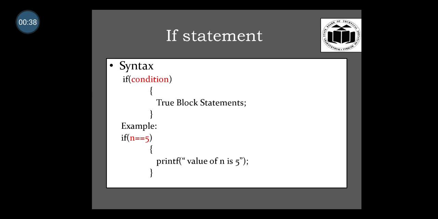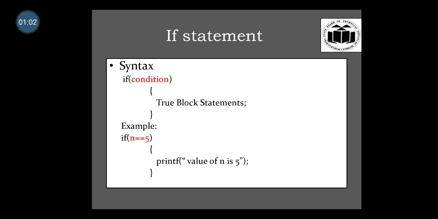So consider first the simple if statement. The syntax for the simple if statement is as shown: if, in brackets a condition, and that condition is highlighted in red color. If the condition is true, then the true block statements get executed.